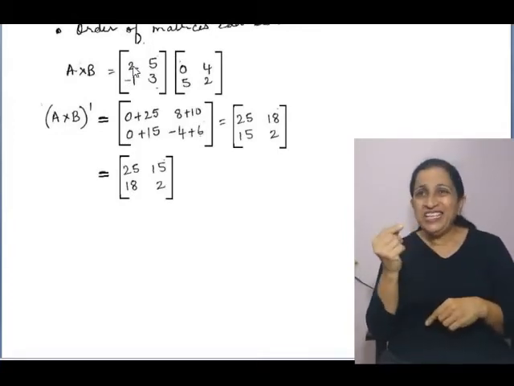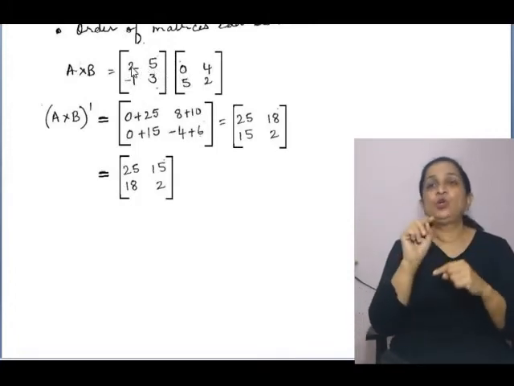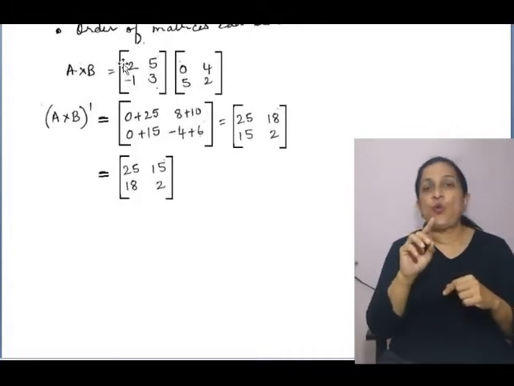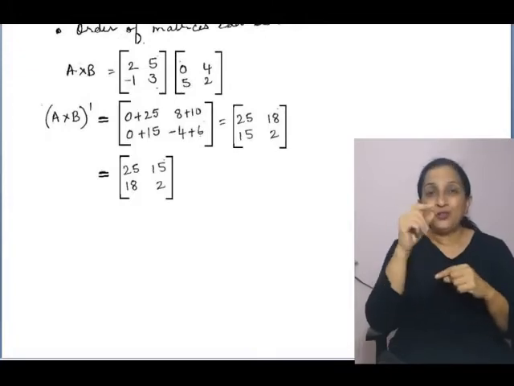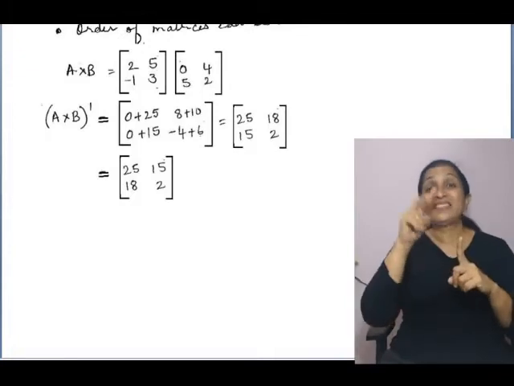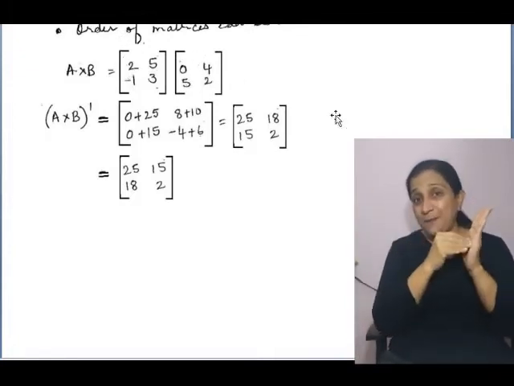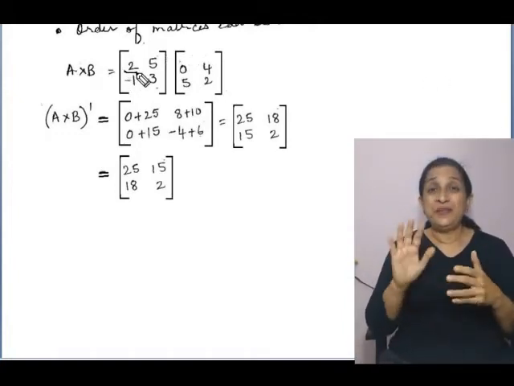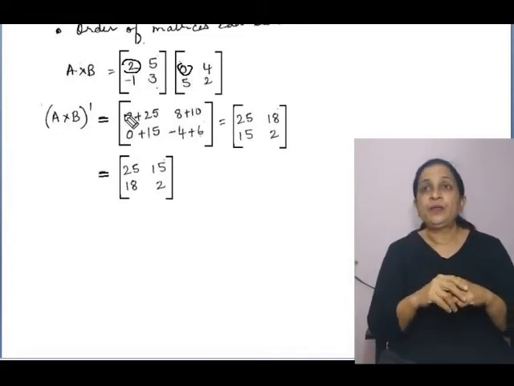Each element of this you have to take and multiply with the corresponding one. The first row, first column, this is 2, you multiply to the corresponding 0, that is 0.